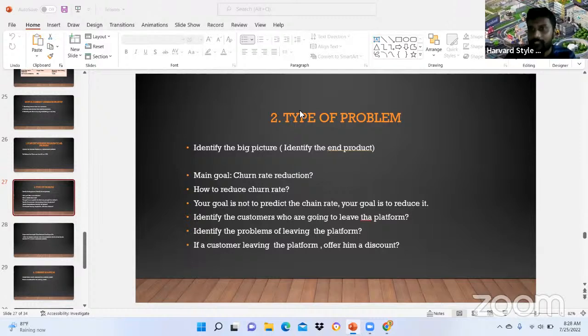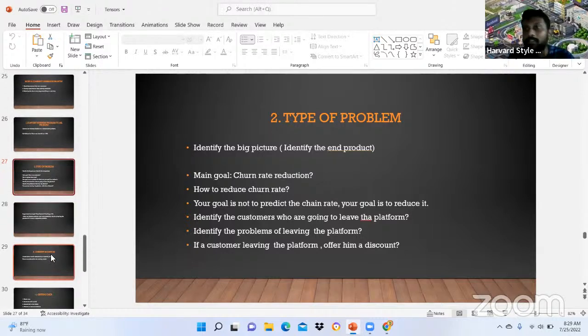They give a discount, and you can renew the package. Because a customer leaving the platform is a big disadvantage, they want to somehow keep you on the platform. So you want to introduce those policies.